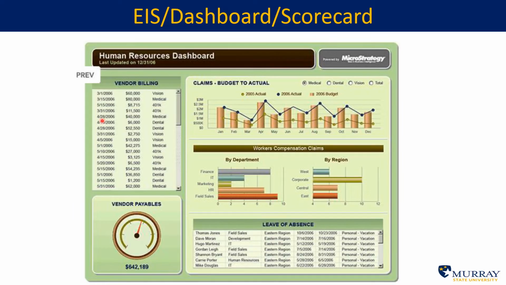So it's like a high-level cockpit or executive dashboard or scorecard for understanding what's happening in the human resource department, apparently in relation to worker compensation claims, leaves of absence, vendor payment and so forth. Okay, the reason it's called an executive information system is because it's an aggregated summary, a high-level view of what's happening in an organization.